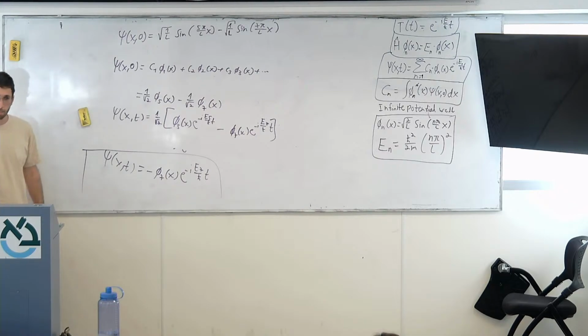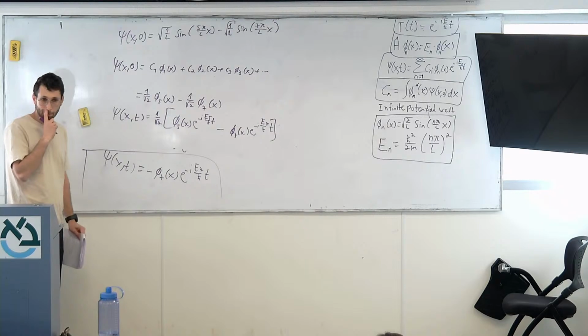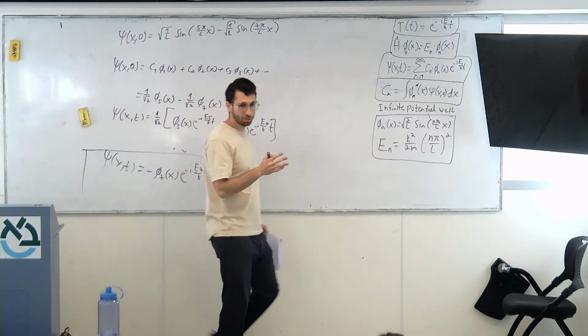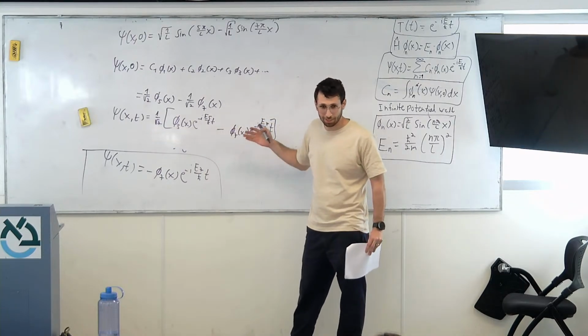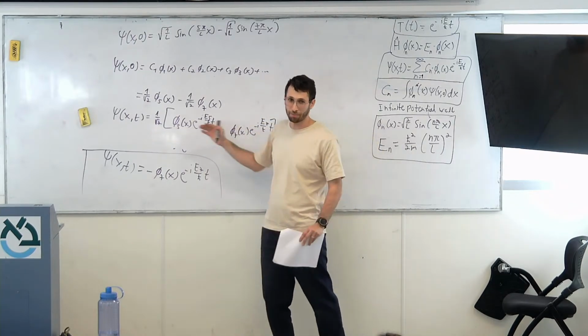But the question can be, what is the probability P of x and t? So it's very easy to just say, okay, just take the absolute value of this plus the absolute value of this, but it's not the same. It's an absolute value of everything, which is what we should do.